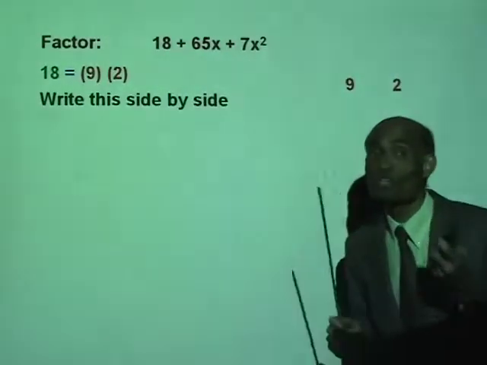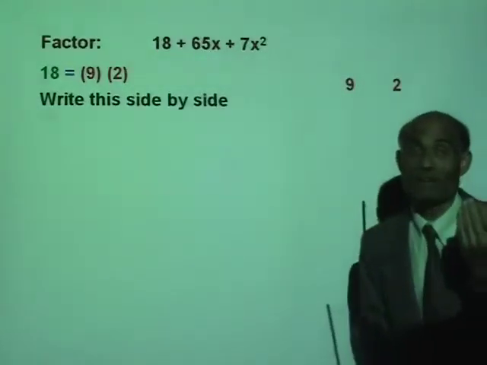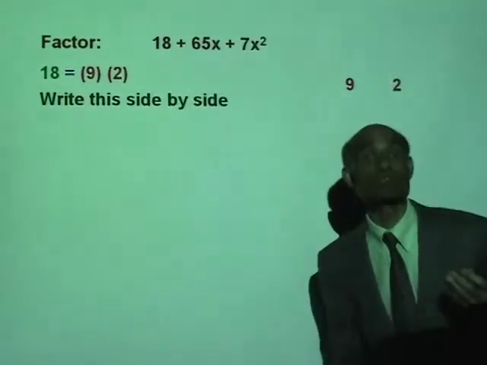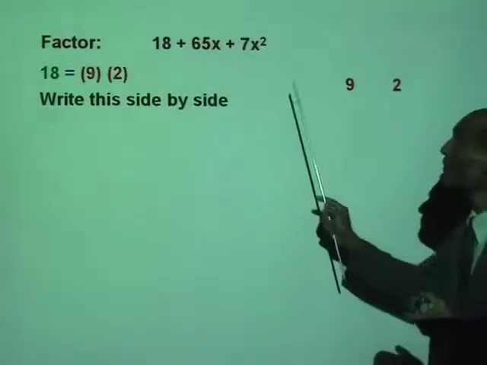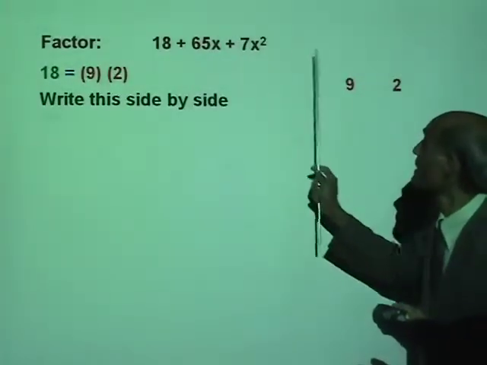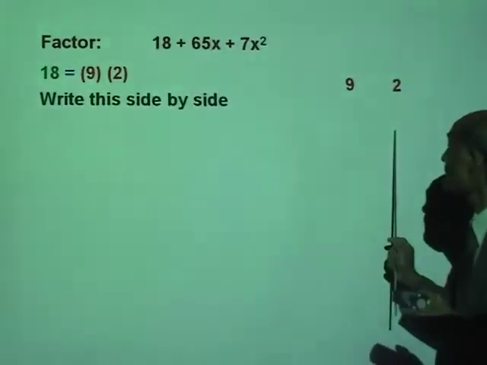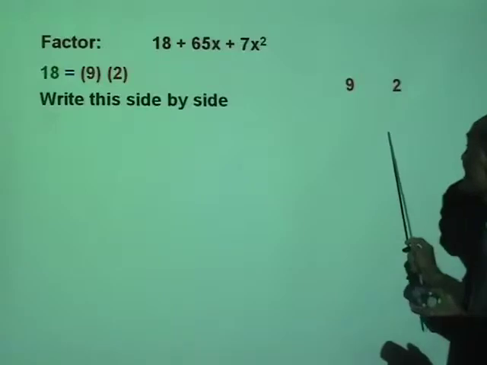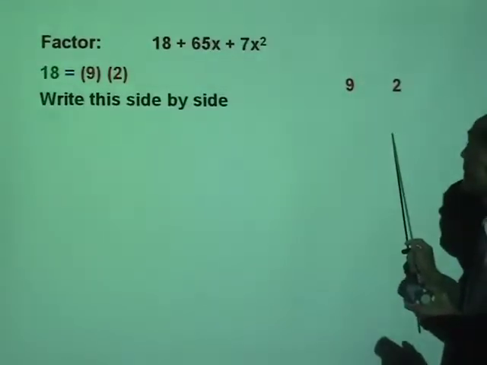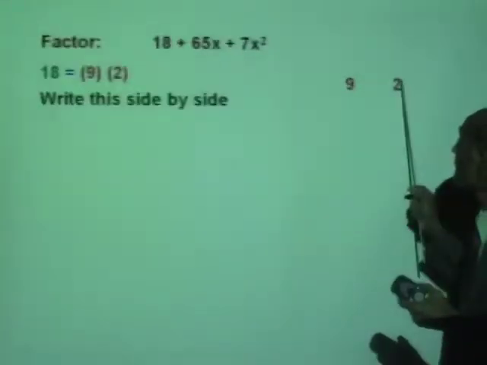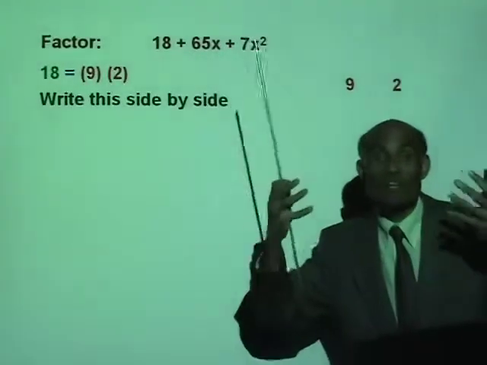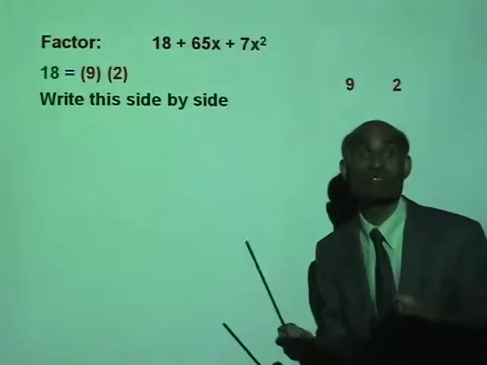And if you know the tables of 9, you know that 9 times 7 is 63. So I'm going to expect a 7x here. Now, 63 plus 2 is 65. That gave me my clue to proceed with the problem.